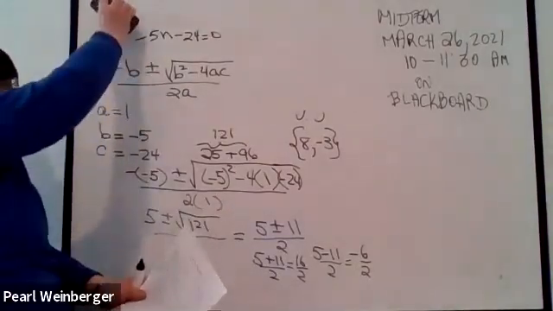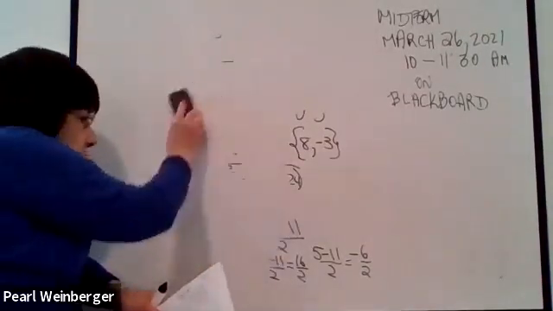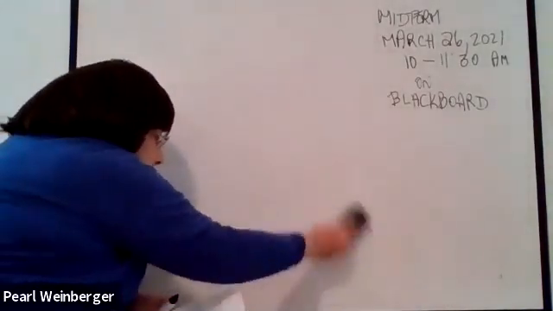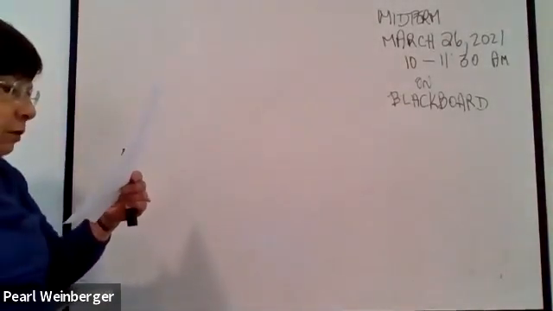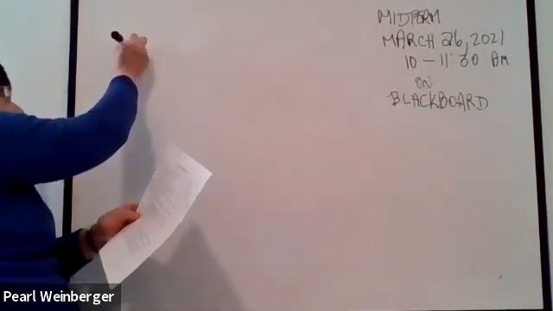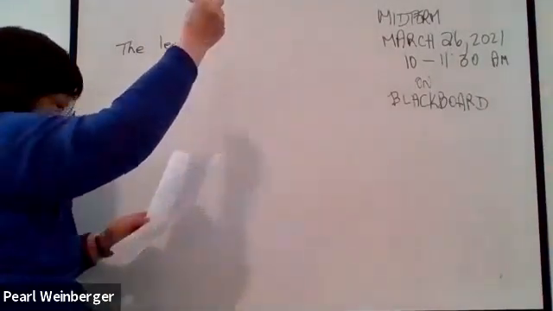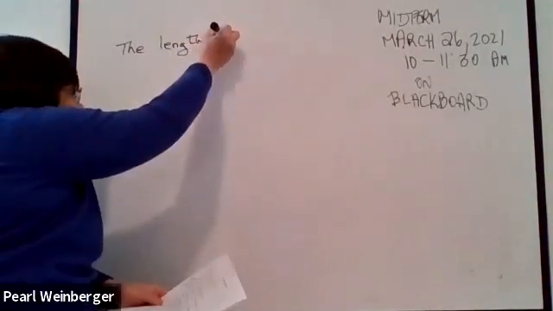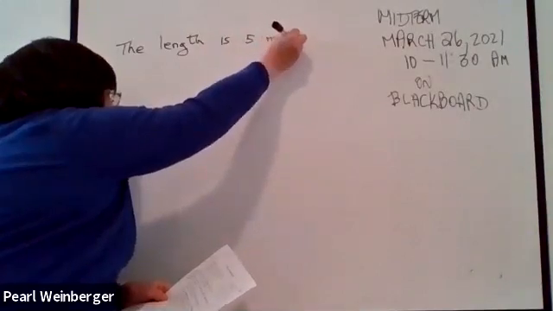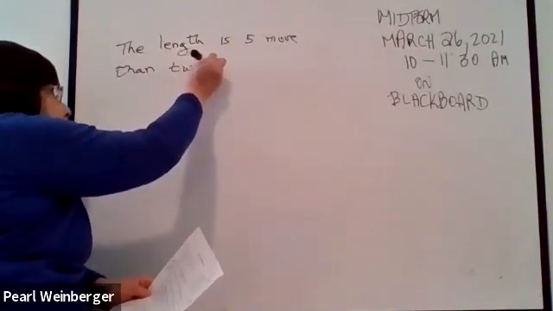I'm going to erase this now, and I'm going to give you a question on perimeter. The length of a rectangle is 5 more than twice the width.